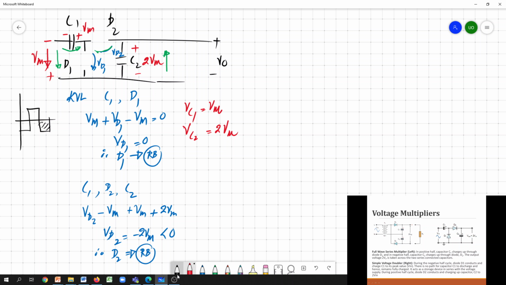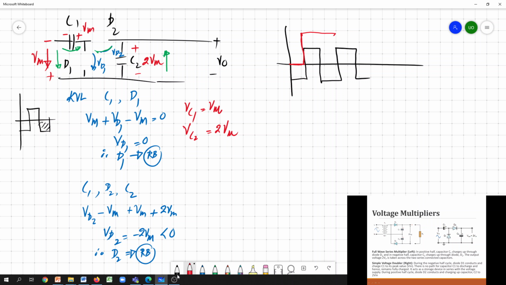So if you draw the input output relationship, during this first cycle we found that the output is 0 because this capacitor 2 is still at 0 voltage. Then during the second cycle, the capacitor gets charged to 2Vm. Then in the third cycle it remains at 2Vm.